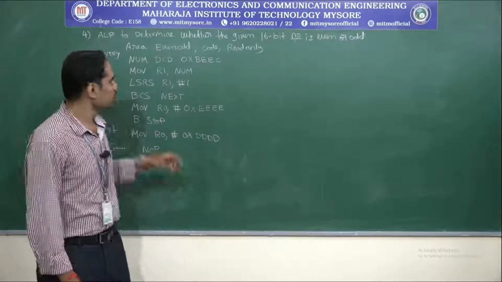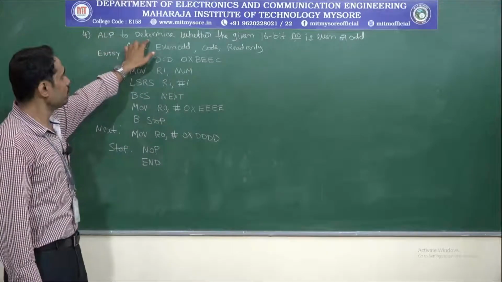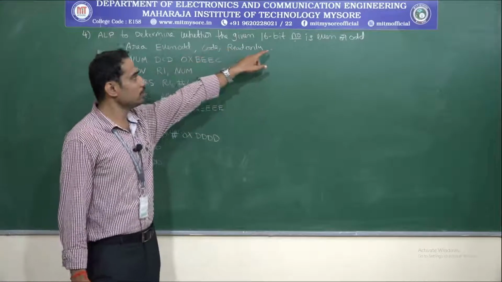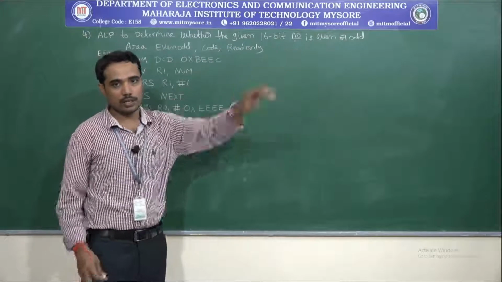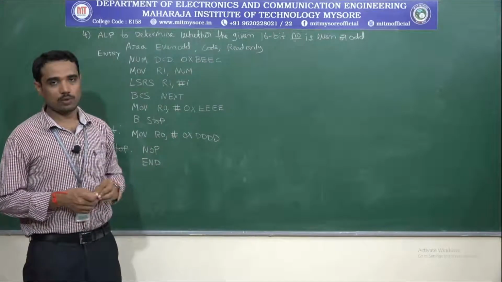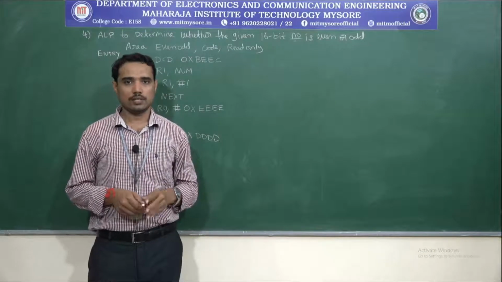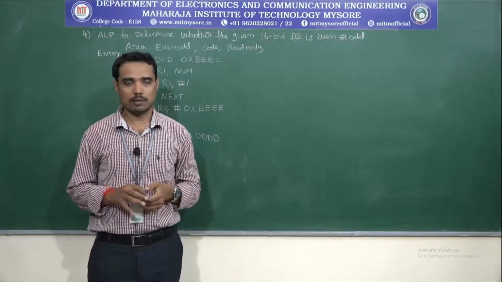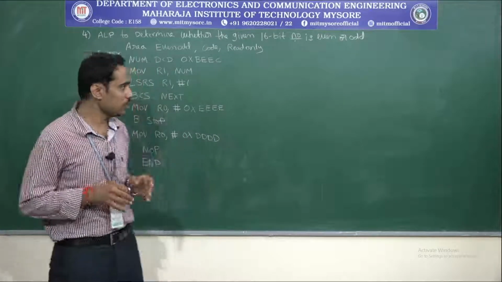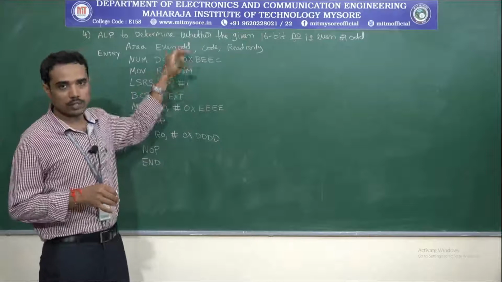The next program is the fourth program, an ALP to determine whether the given 16-bit number is even or odd. In this program we are going to determine whether the given 16-bit data is an even number or an odd number based on logic.